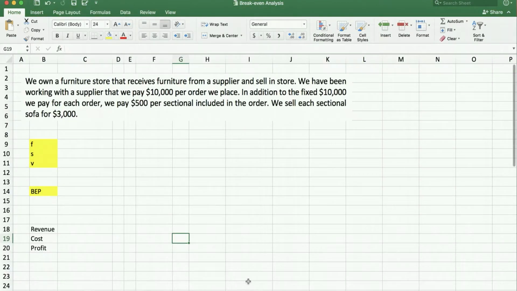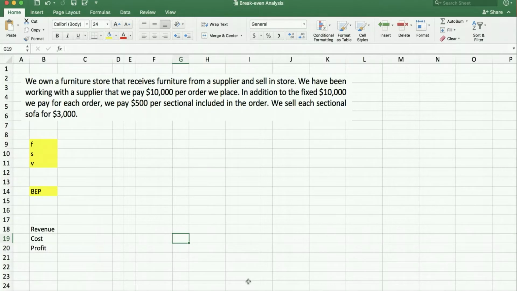So let's look at a numerical example. So suppose that we have a furniture store that receives furniture from a supplier and sells this furniture in store. We work with this supplier that we pay $10,000 per order that we place. So each time we place an order, we automatically pay $10,000 to our supplier.